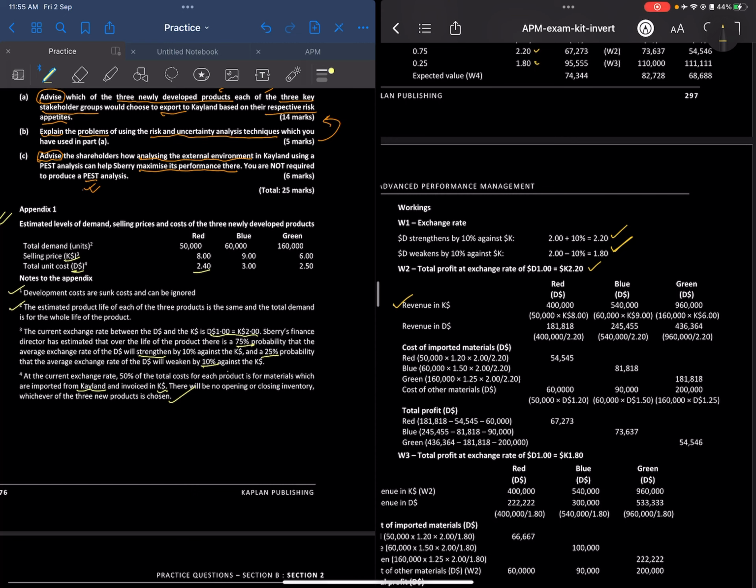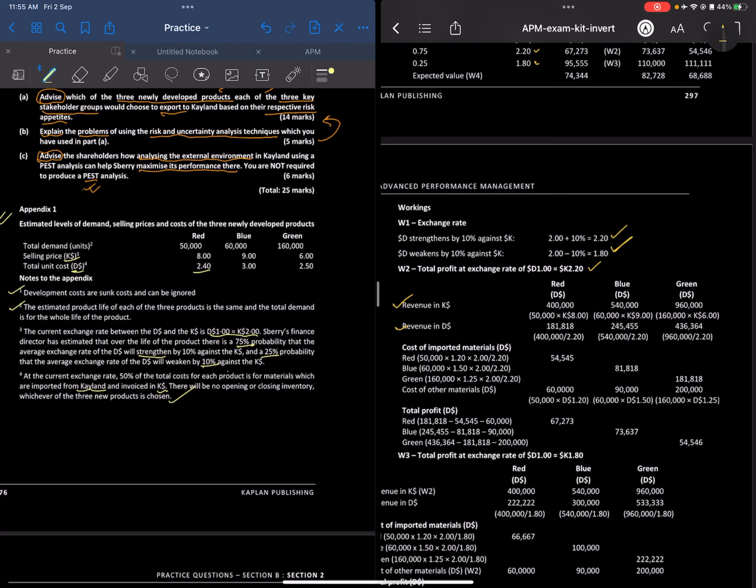We are analyzing it if the exchange rate increases to 2.2, so we divide that amount by 2.2. That's our revenue. We got that. Now we need to find the cost, and that will give us our contribution.